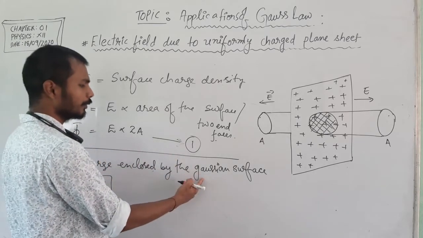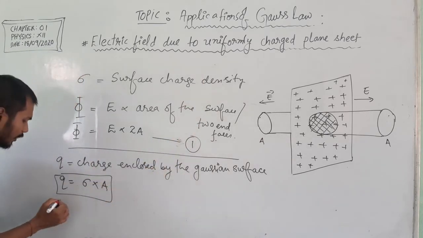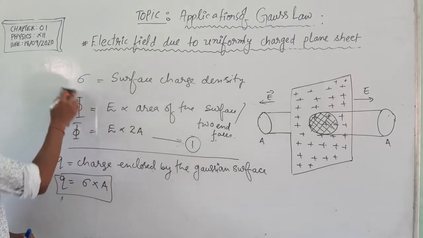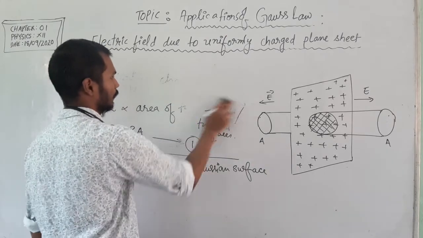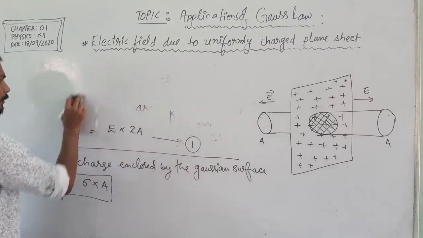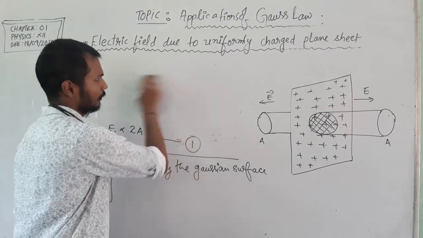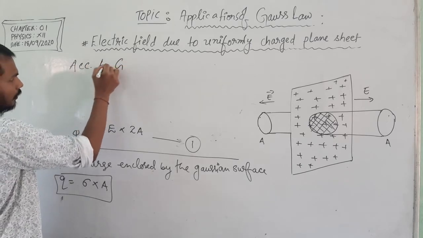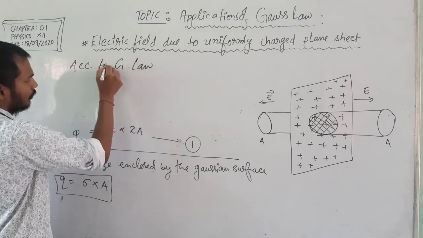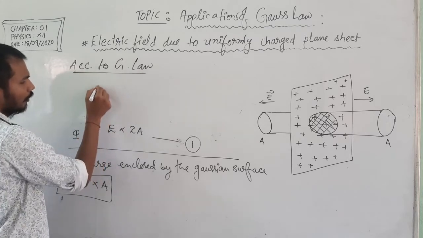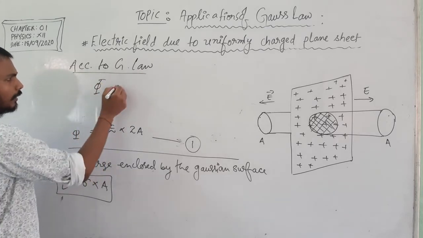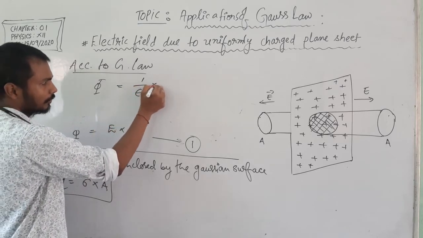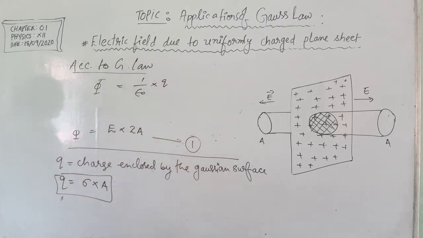Now use Gauss law to find the flux. According to Gauss law, flux is equal to 1 by epsilon naught times the charge enclosed by the Gaussian surface or the closed surface.